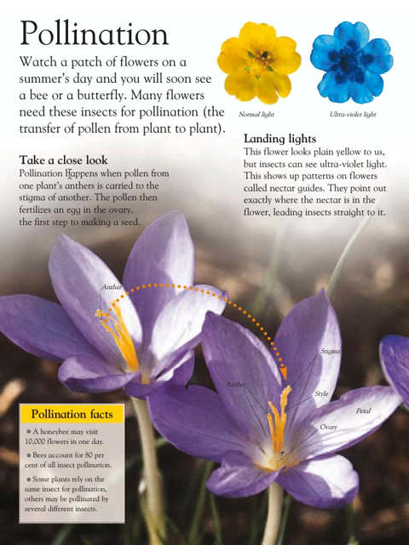So pollination happens when pollen from one plant's anthers, these things that are sticking up here, like little sticks, have pollen, which is like tiny dust. And when a pollinator lands on that, it picks up some of that pollen from these anthers and it carries it to the next flower.